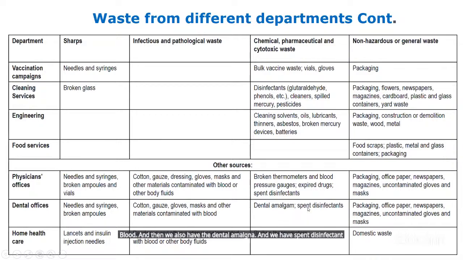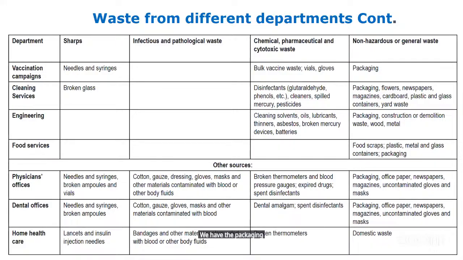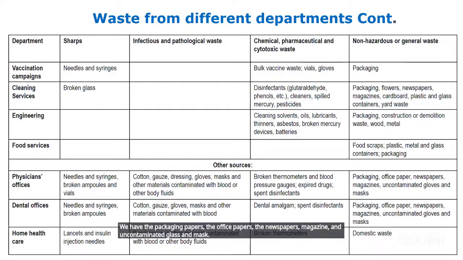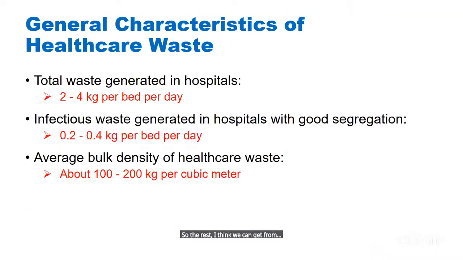This needs to be handled very carefully because sometimes we call it cytotoxic waste, which might be harmful to the environment. We have packaging papers, office papers, newspapers, magazines, and uncontaminated glass and masks. The rest, I think we can get from the slides when we receive them.